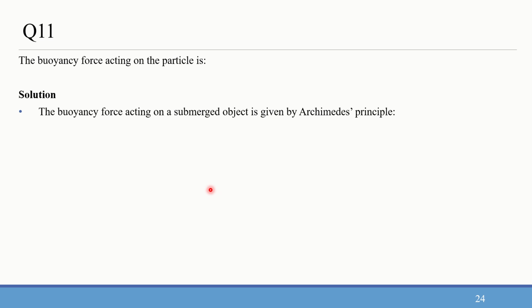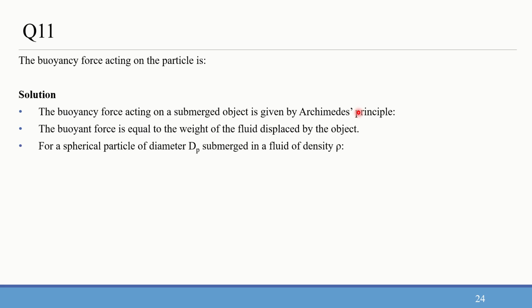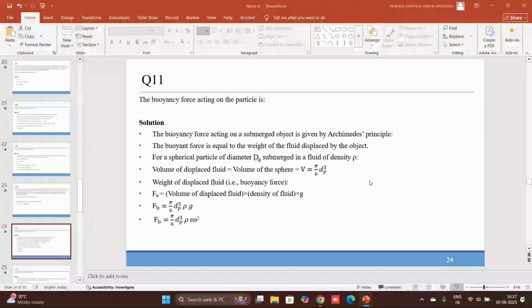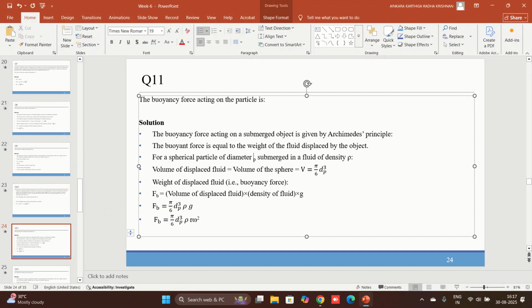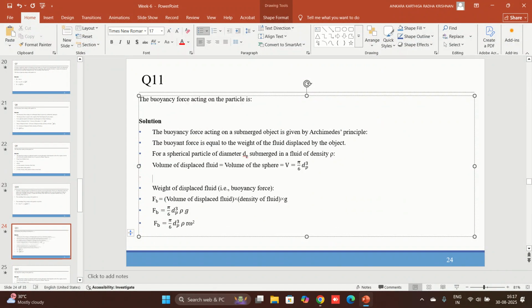In question 11, what is asked? The buoyancy force acting on the particle. The buoyancy force acting on a submerged object is again given by Archimedes principle. The buoyancy force is equal to the weight of the fluid displaced by the object. For a spherical particle of diameter dp submerged in a fluid of density rho, volume of displaced fluid is equal to volume of sphere, which is pi by 6 dp cube. And here it is weight of displaced fluid.